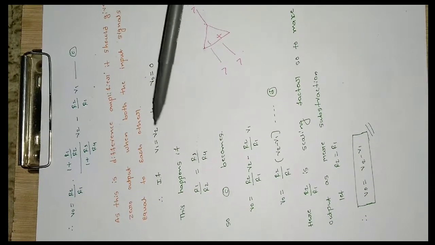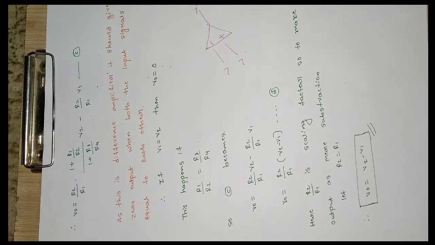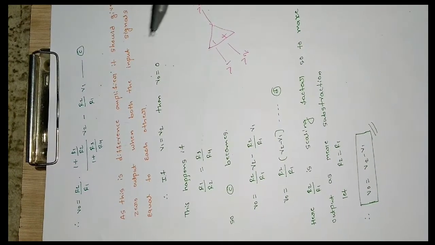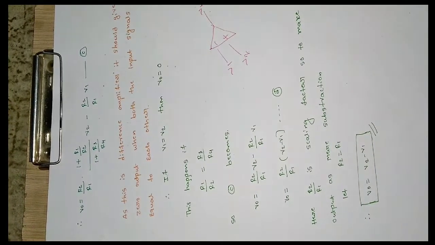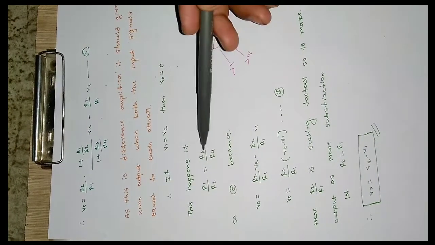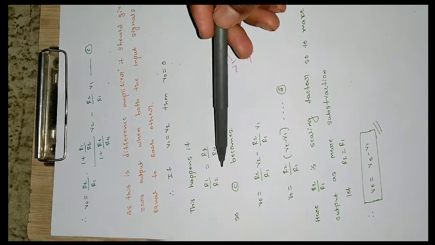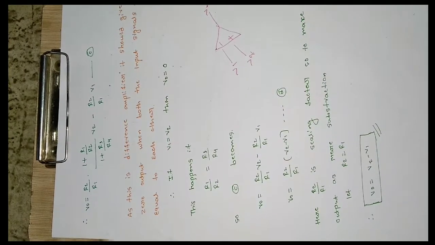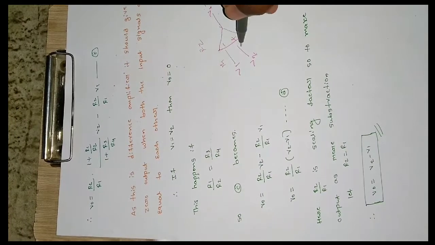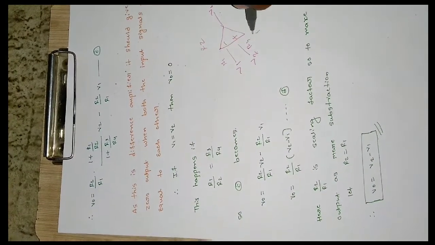So if V1 is equal to V2, that is, these two inputs V1 and V2 are equal to each other, then what will happen? To make this happen, we have to choose the resistances such that R1 by R2 will be equal to R3 by R4. So here it will be R1 and R2 as I've shown earlier, and R3 and R4.